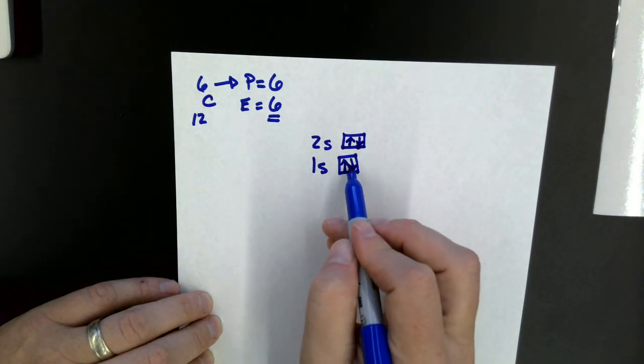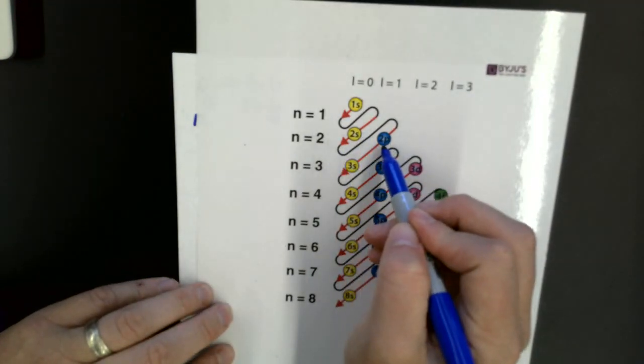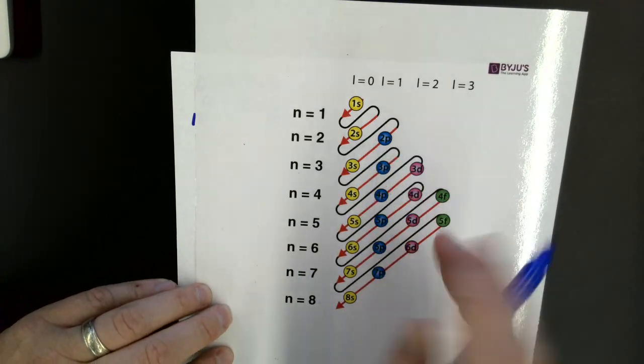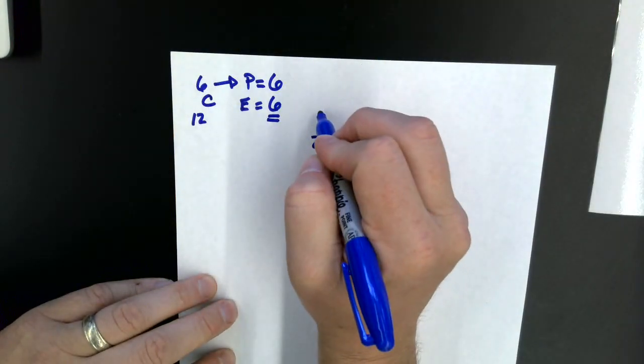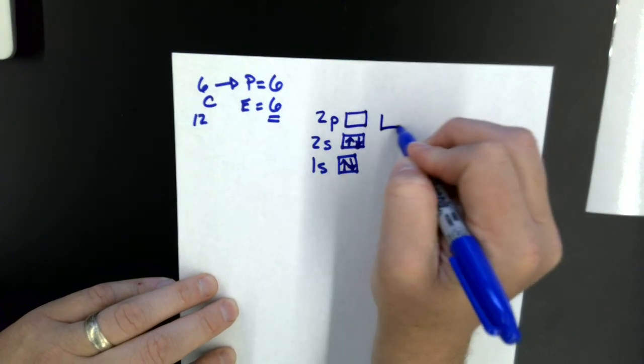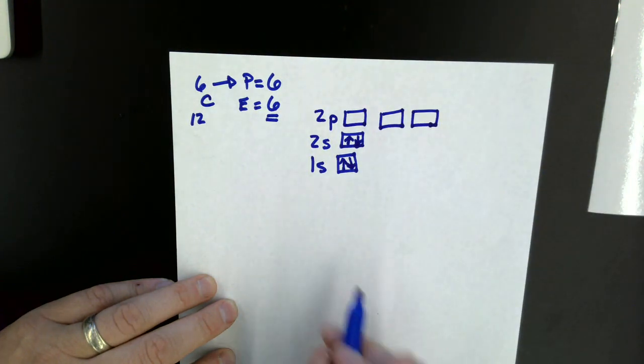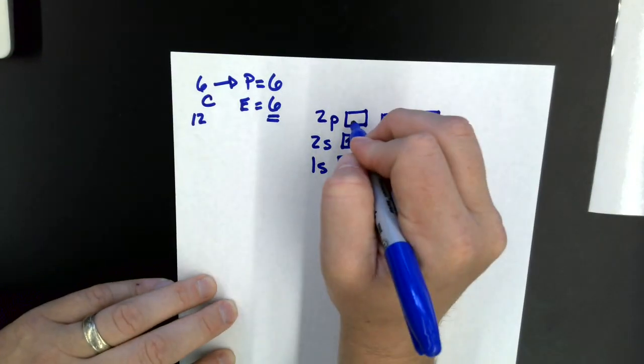So we have a total of 1, 2, 3, 4 electrons, but we need to get to 6. So we need to come back and go to the next orbital, which happens to be 2p. The p orbitals can hold up to 6 electrons and have 3 boxes. So we have a total of 4 right now.